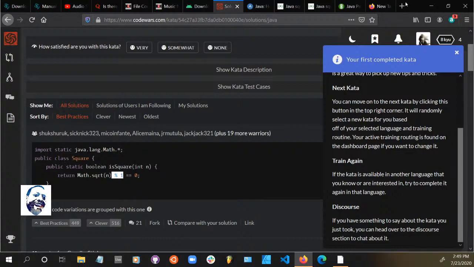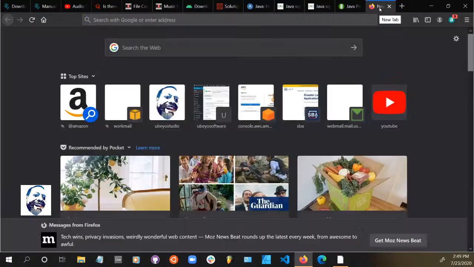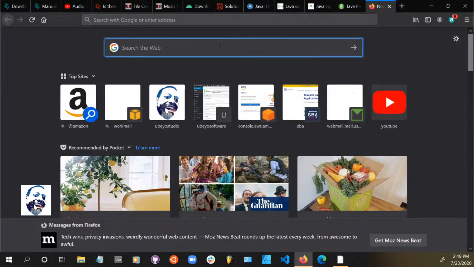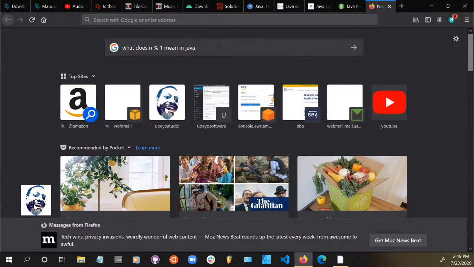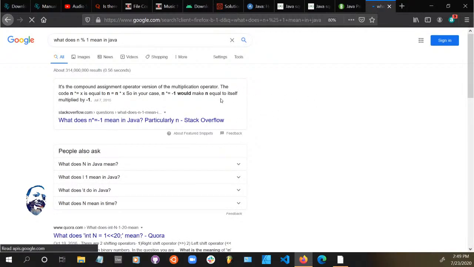What does this percent 1 mean? Let's just find that out. It probably means the same thing in any other language because it's a mathematical operation.